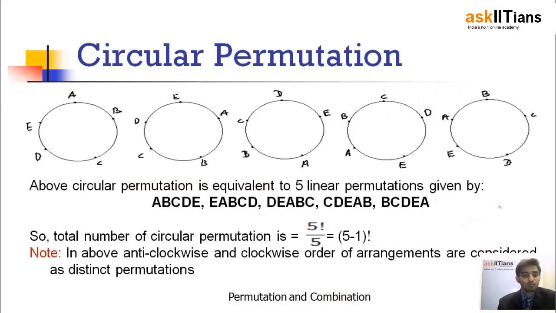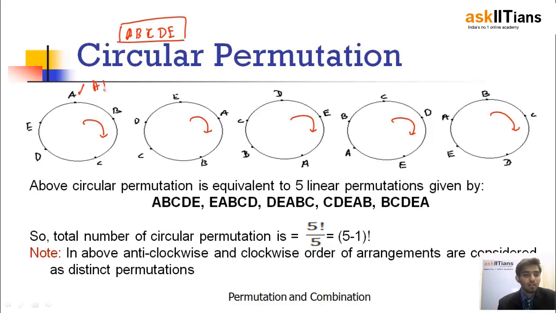Let us have a look. Suppose I consider 5 letters A, B, C, D, E, and I try to arrange these 5 letters onto a circle. If I consider the clockwise arrangement of these letters, then all these 5 cases are the same.